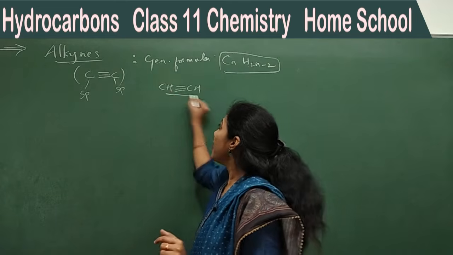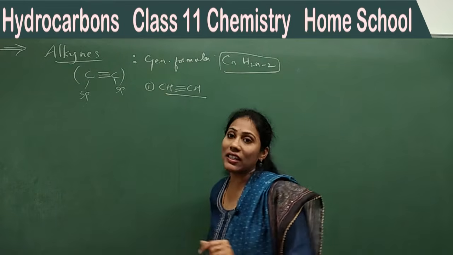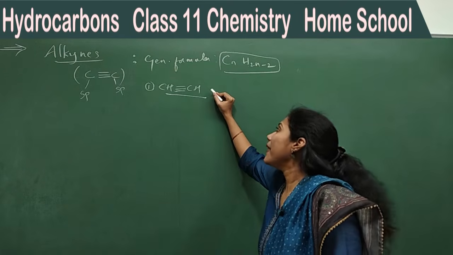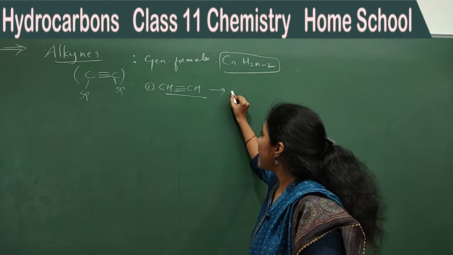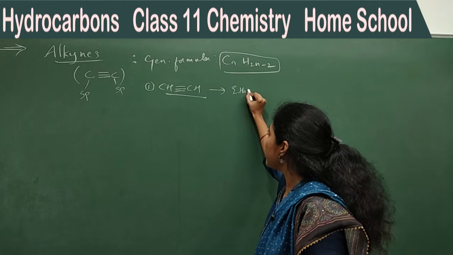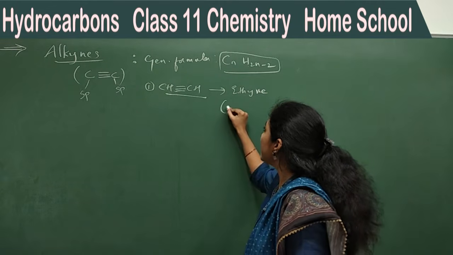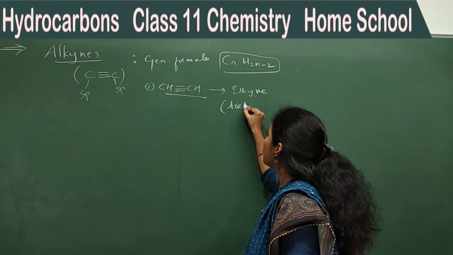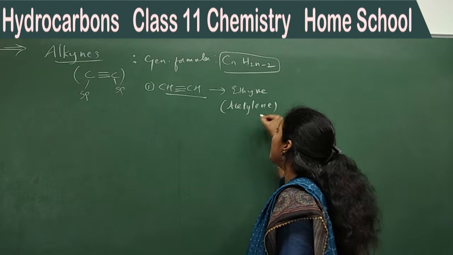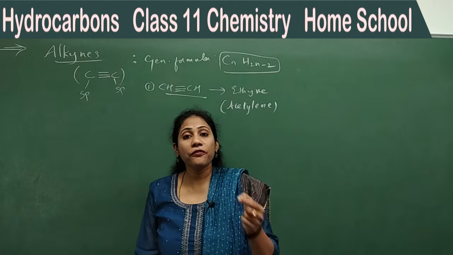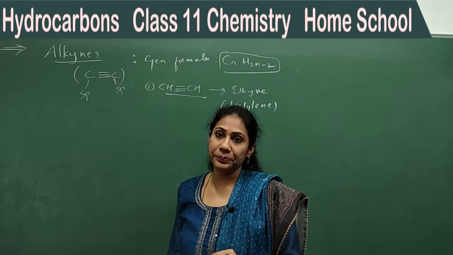So this is the first member of alkyne. If you have to name this according to IUPAC rules, we will call this as ethyne, isn't it? So commonly it can also be called with the name acetylene. So you should remember the common name here, that is acetylene, which is nothing but the first member of alkyne.